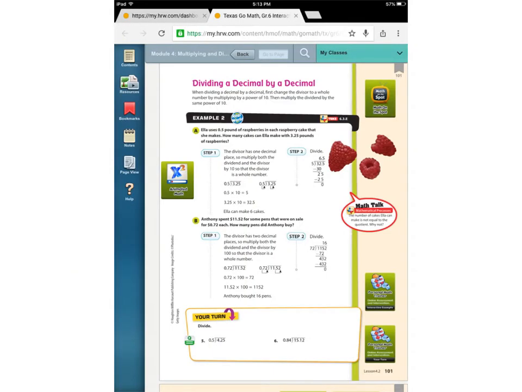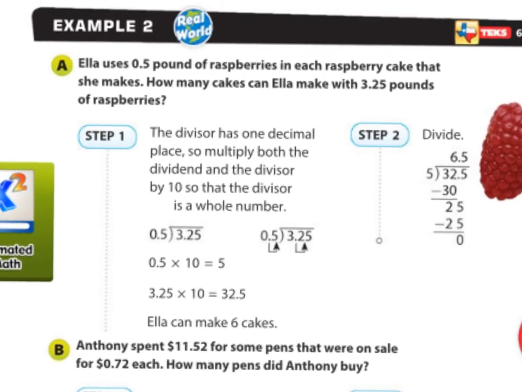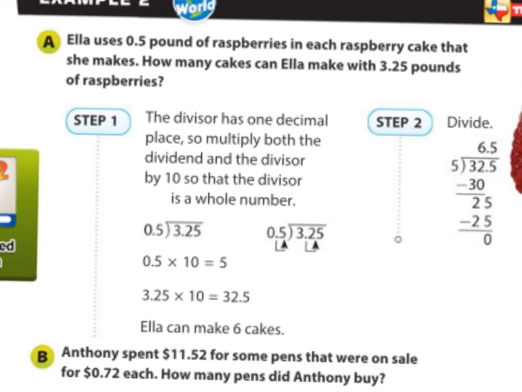I wanted you to look at these problems. You don't have to write them down. I just want you to see what a real life problem would be like. Ella uses half a pound of raspberries in each raspberry cake that she makes. So one cake is the same thing as half a pound of raspberries.